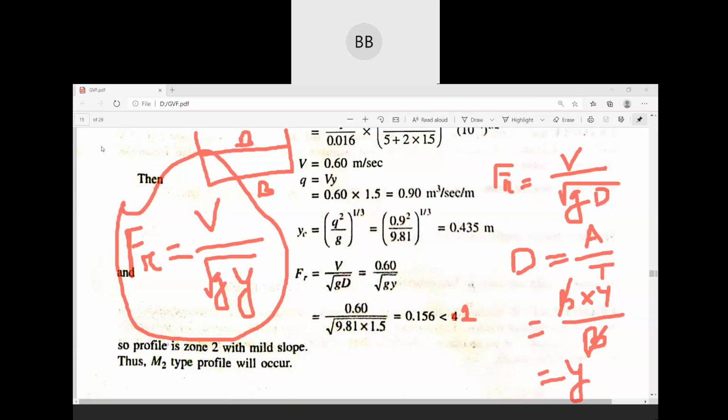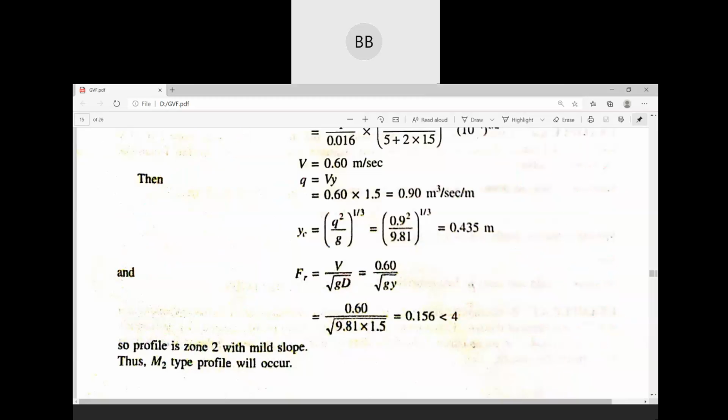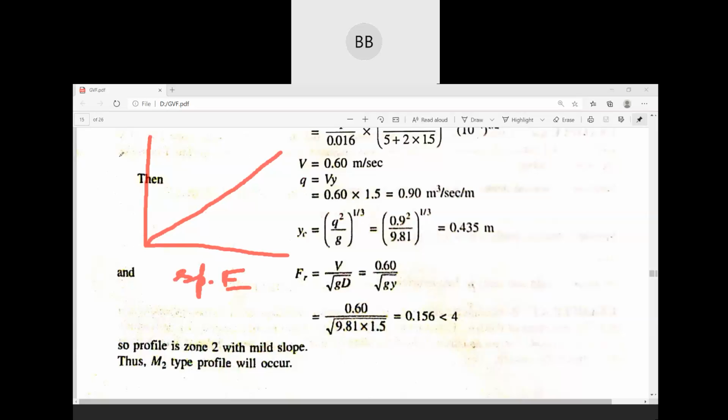So now we go back to our specific energy curve. That day also we discussed this curve, and I'm going to discuss it again today. On the x-axis we will have specific energy, and on the y-axis we will have depth of flow.